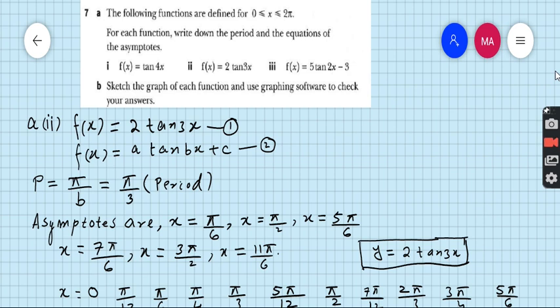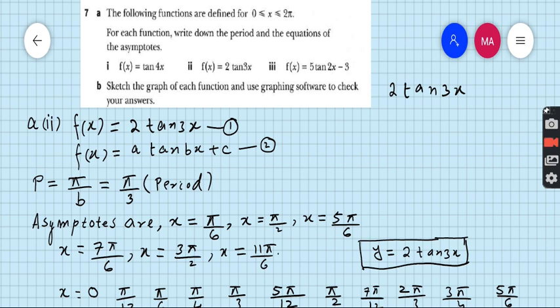The second requirement is to write the asymptotes. You know what asymptotes are? Asymptotes are the angles where the graph or the function is undefined. For example, our function is 2 tan 3x.